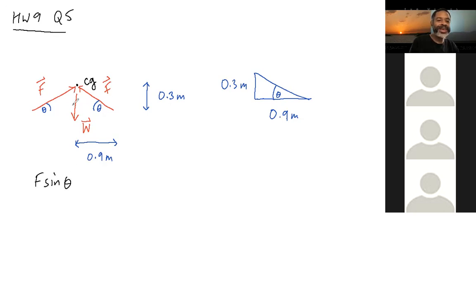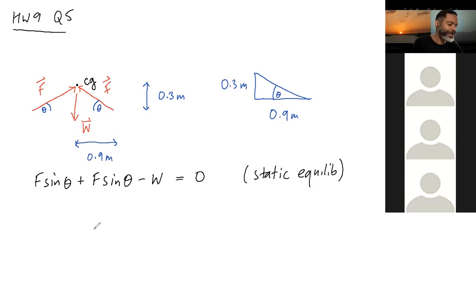So that accounts for this guy's vertical component. And then we'd add the other guy's vertical component. So that's another F times the sine of theta. Then we're going to subtract the weight of the cheerleader. So we subtract W. And so this has to amount to 0 because we are in a case of static equilibrium.